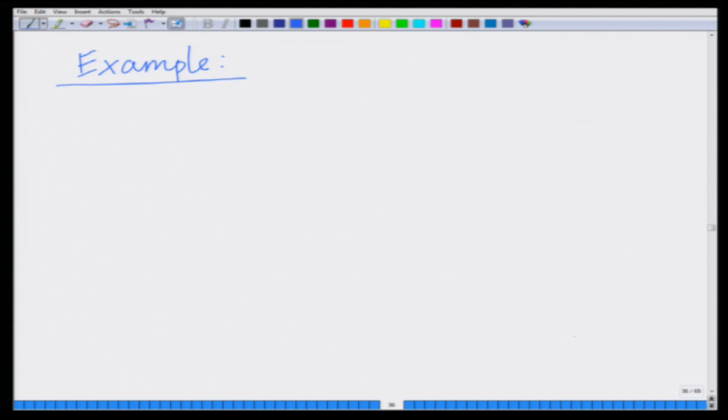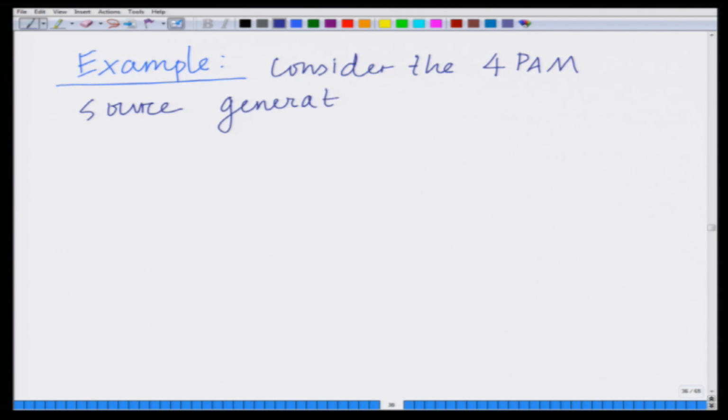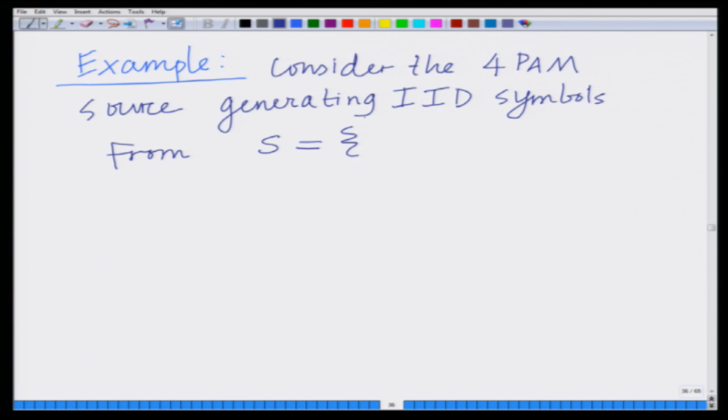Consider the 4 PAM source, as usual, generating IID symbols, that is independent, identically distributed symbols from the constellation S equal to -3 alpha, -alpha, alpha, 3 alpha, and we said the probabilities are 1 by 8, 1 by 8, 1 by 4 and half.